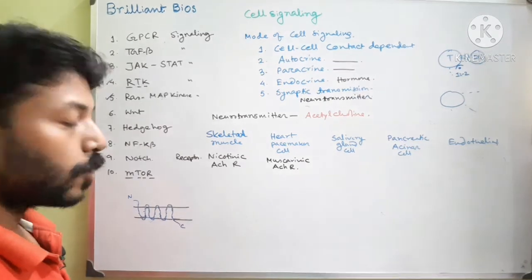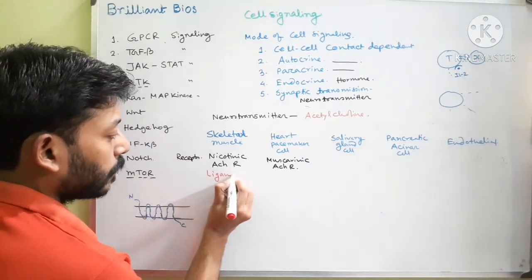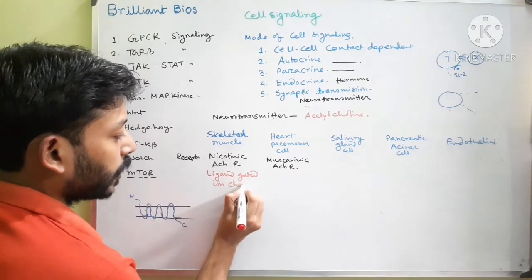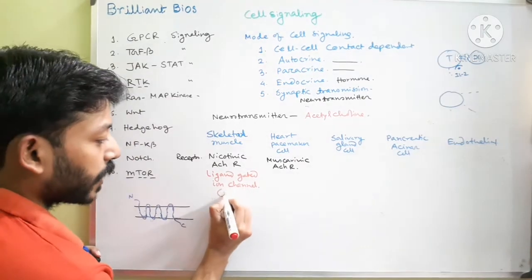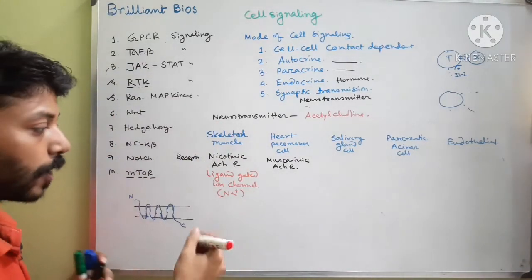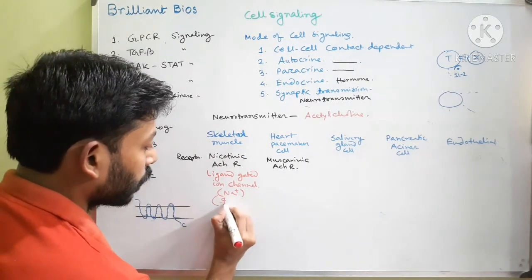This nicotinic acetylcholine receptor is a ligand gated ion channel. So this receptor is a channel, specifically a sodium channel. This mode of transport is called ionotropic. So this receptor is called ionotropic because it passes ions.